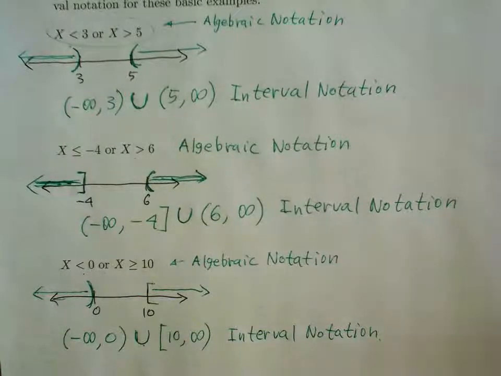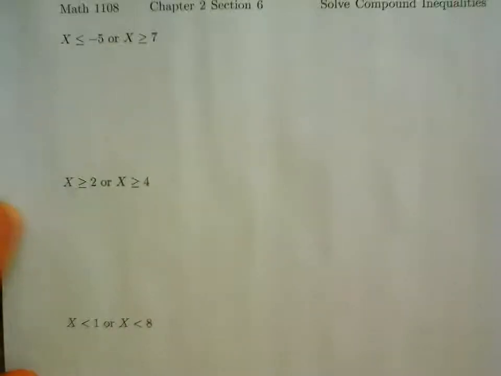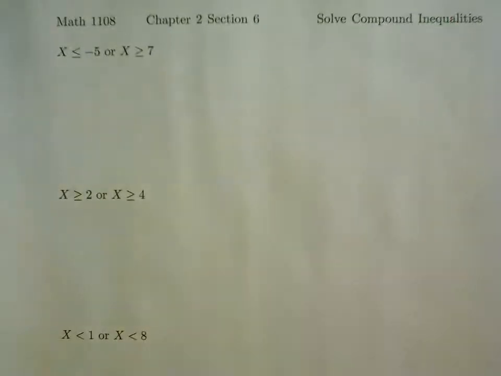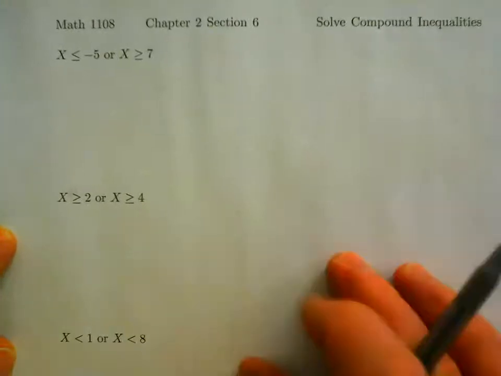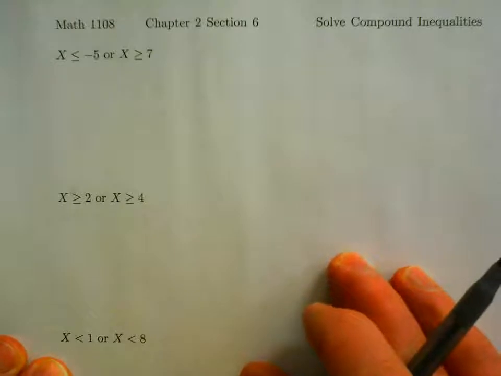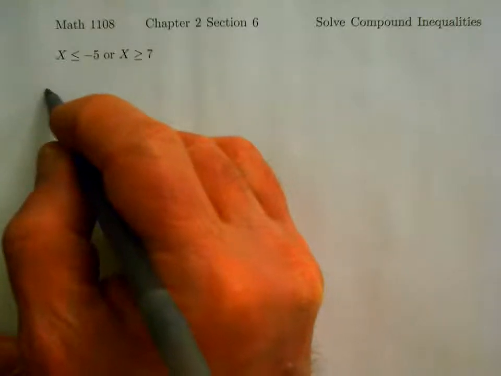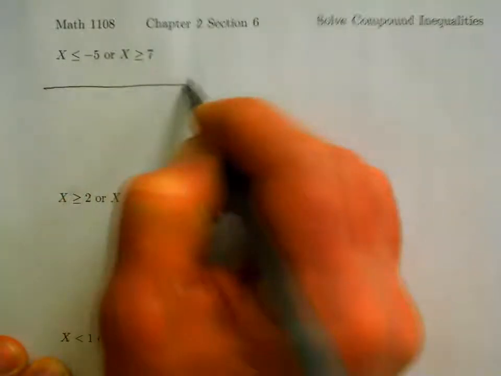Okay, one more pretty basic example, and then we'll get into a few more that are a little bit trickier. Okay, this one's pretty basic. x is less than or equal to -5, or x is greater than or equal to 7. So if you're getting bored, maybe you can see if you can finish it before I do.